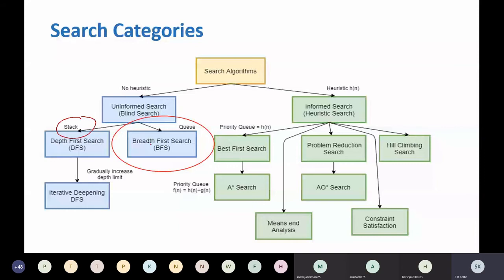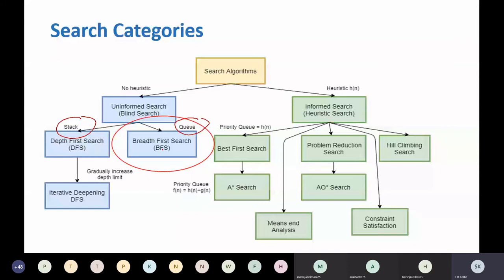Now, if your search moves along the breadth of the search tree instead of moving along the depth, then that technique is called breadth first search. And here we are going to use a queue kind of data structure. So that is the difference between these two. To implement DFS, we use a stack, and to implement BFS, we'll be using a queue data structure.